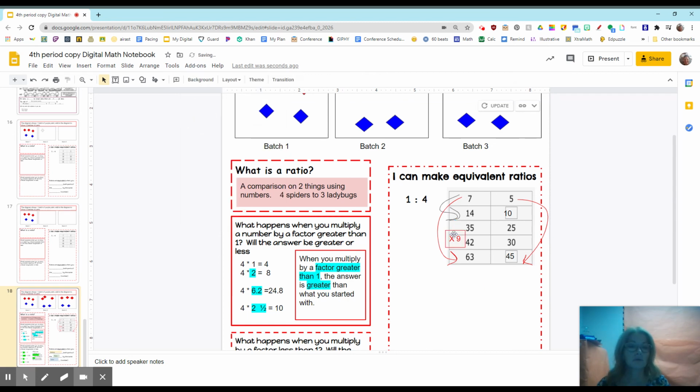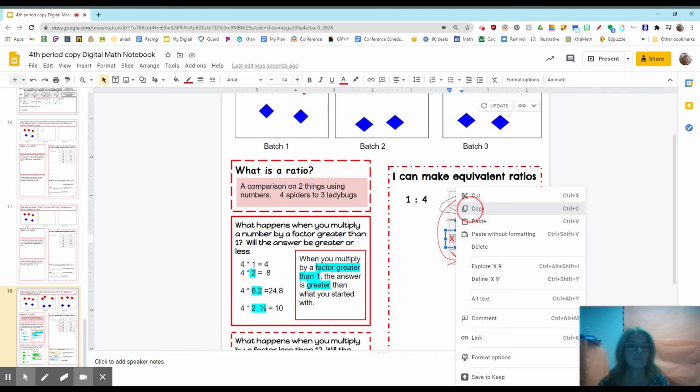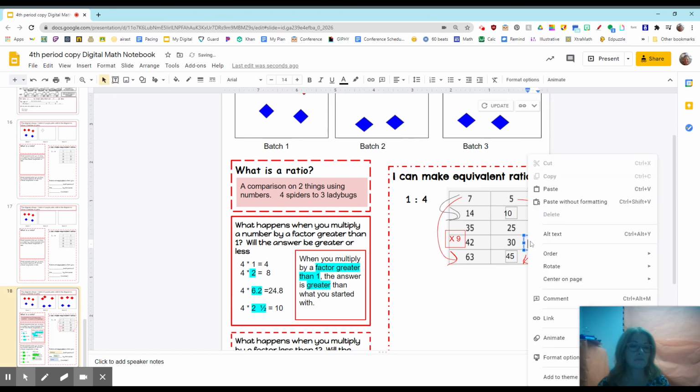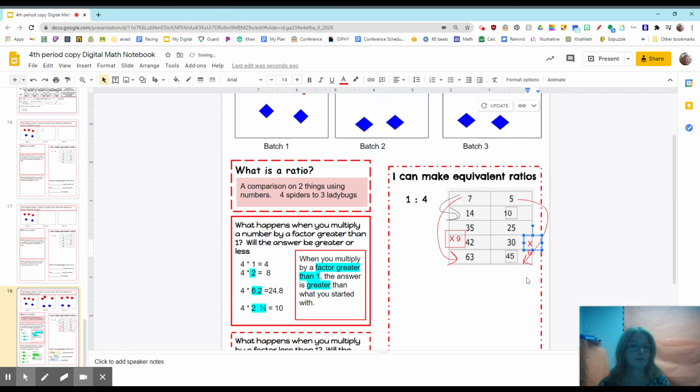And then I want to copy this whole thing, see if it'll let me. I don't know why it won't let me. Copy. And let's make a little box. And paste. So that means both parts of my fraction I had to do, and maybe I'll put it up here.